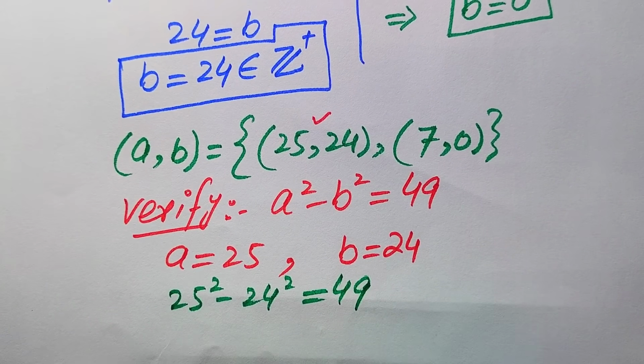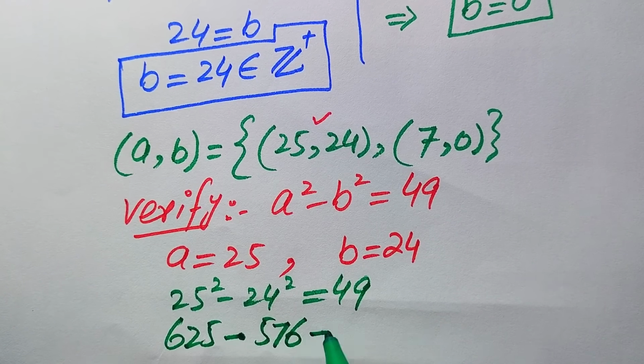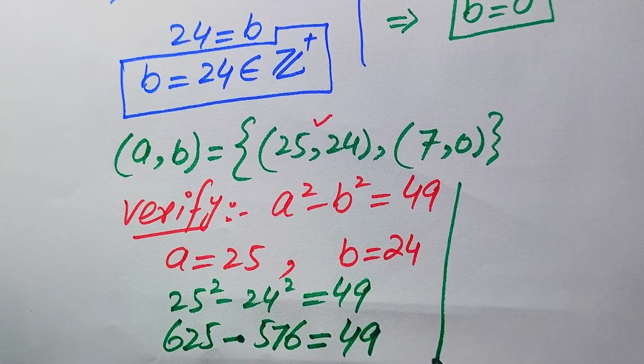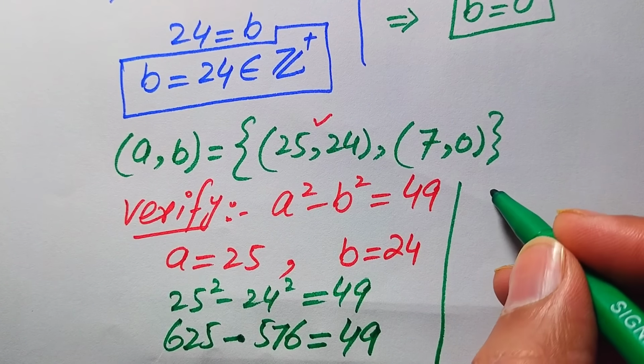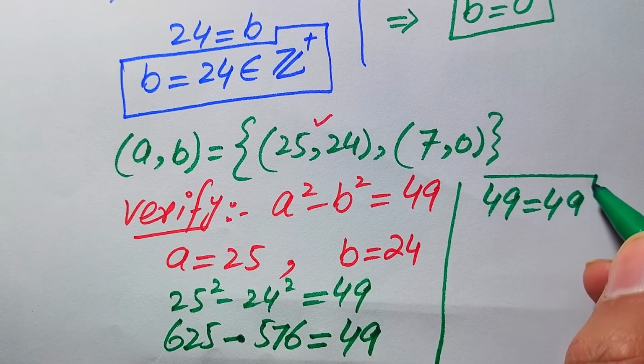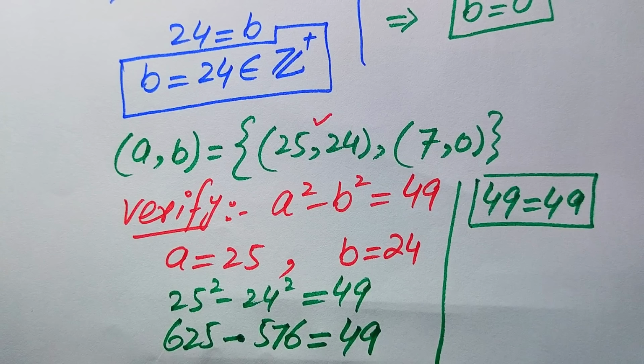And we know that 25 square becomes 625 and 24 square becomes 576. And here you see that 625 minus 576 is equal to 49, so 49 equals 49. So this shows that both of the sides are equal when we choose a equals 25 and b equals 24.